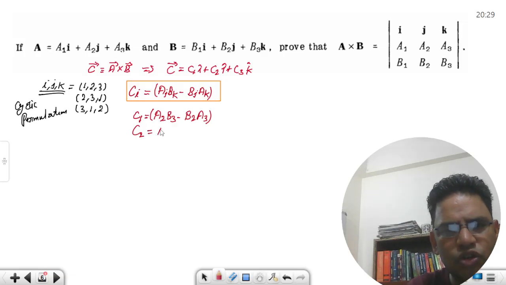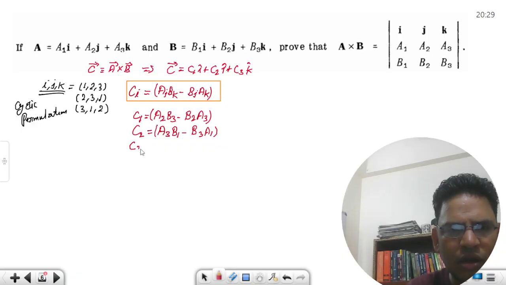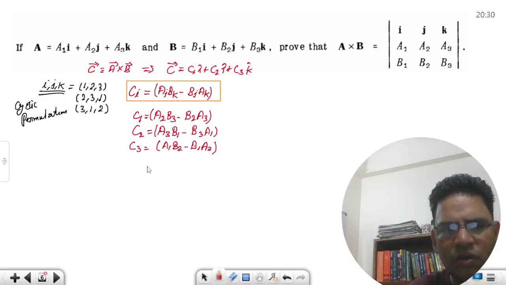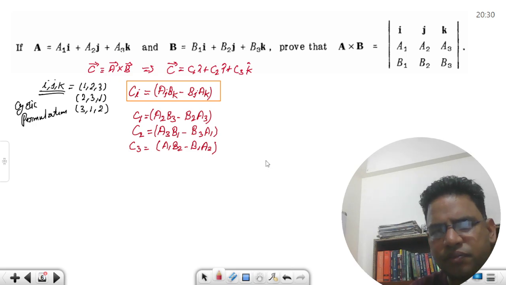C2 is going to be the cyclic combination, A3 B1 minus B3 A1. You are going to get C3 as A1 B2 minus B1 A2.